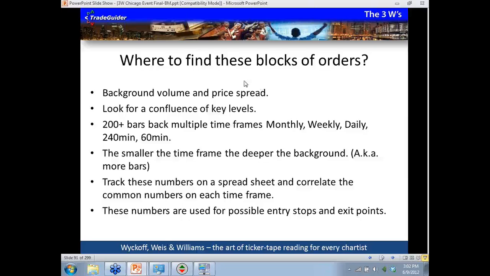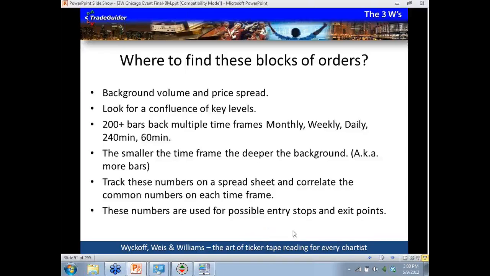So the background volume and price spread are extremely important. What we'll do is look for a confluence of key levels. We'll start with the left side and look over to the right to see how it's affecting things, and then further over to the right, as it starts to unfold in those areas, you'll see specific things happen.